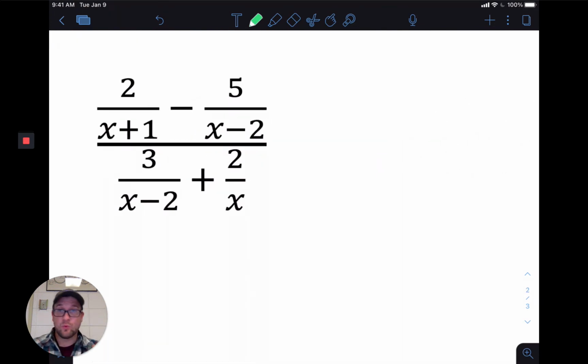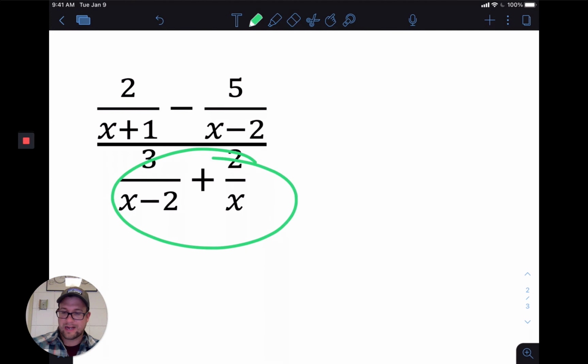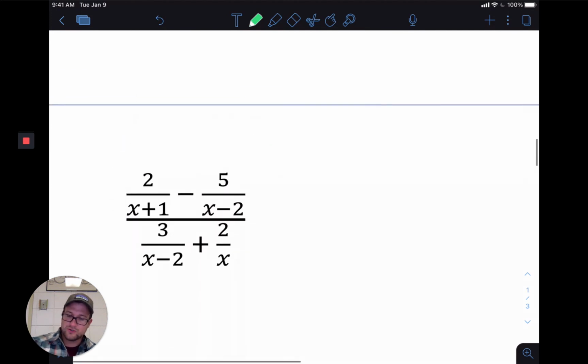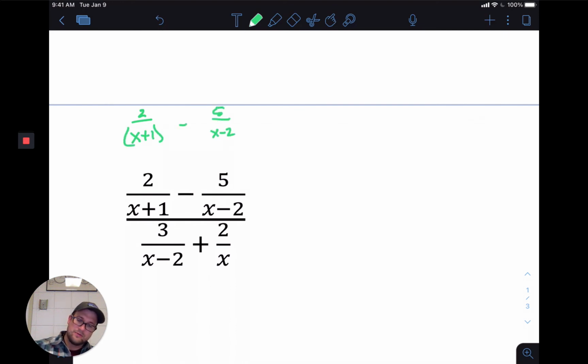Again, step number 1 is to make the whole top into one fraction, and then to make the whole bottom into one fraction. So to do so, if I had 2 over x plus 1, that's a quantity, minus 5 over x minus 2, we need a common denominator to put those together.